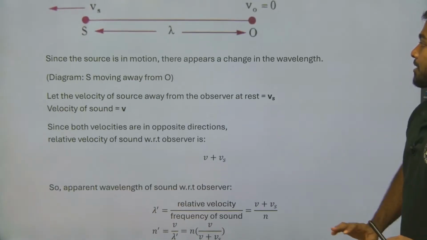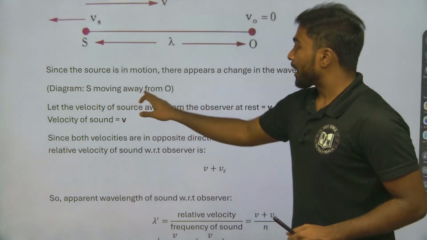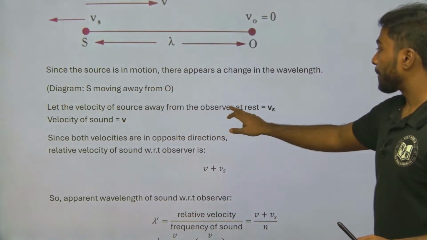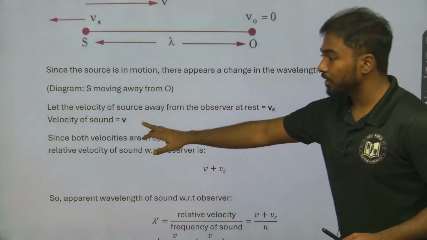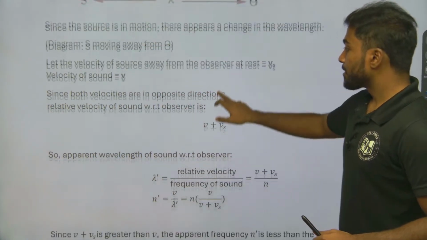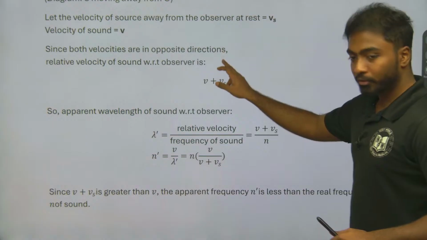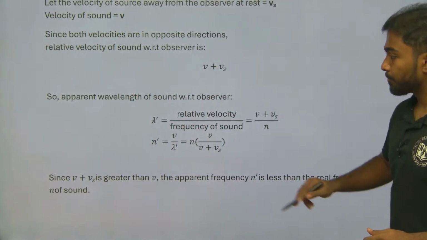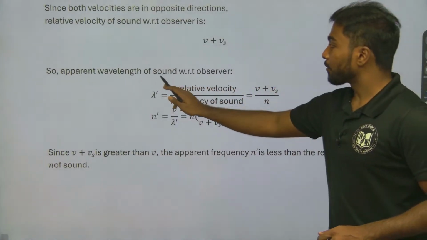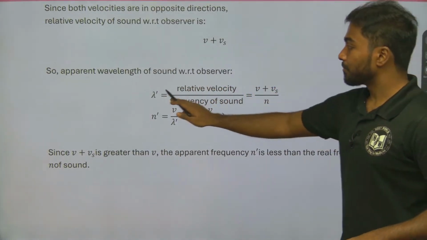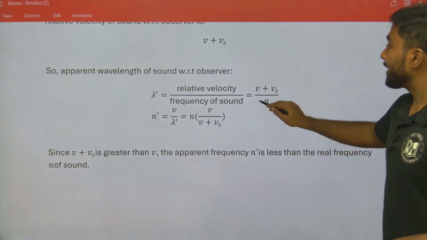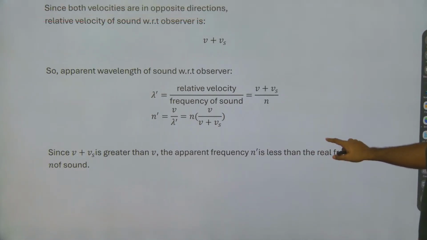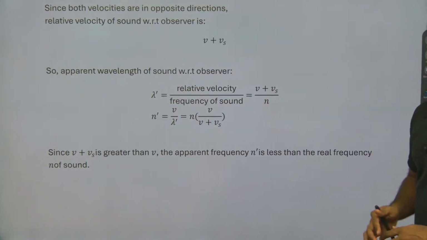The diagram shows S moving away from O. Let the velocity of the source away from the observer at rest be Vs and the velocity of sound be V. Since both velocities are in opposite directions, the relative velocity is V plus Vs. So the apparent wavelength with respect to the observer, lambda dash, equals relative velocity V plus Vs divided by frequency.